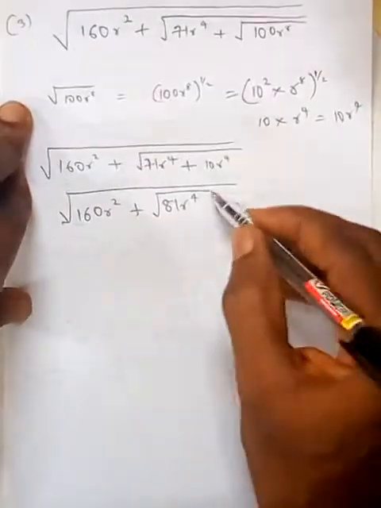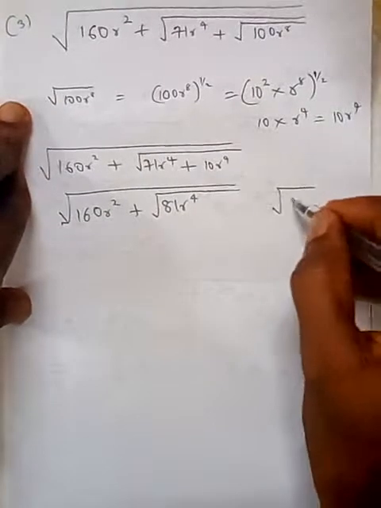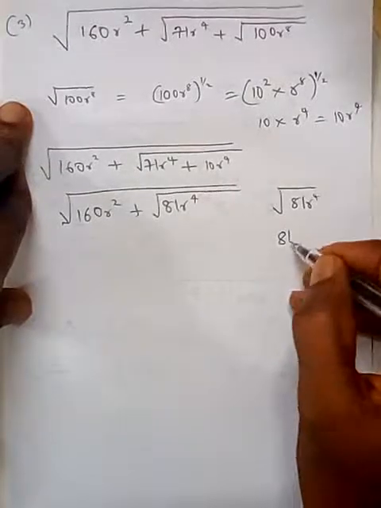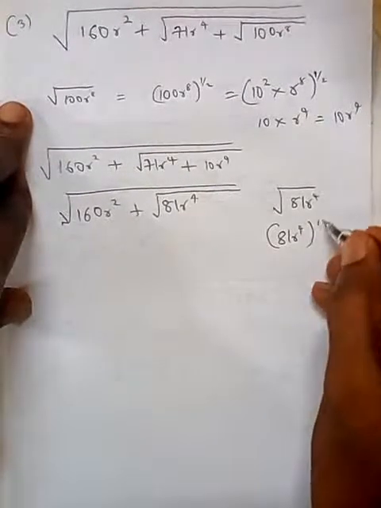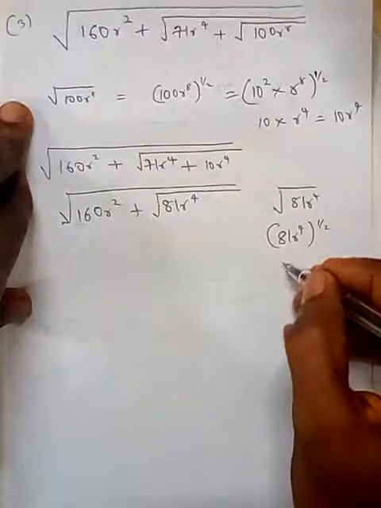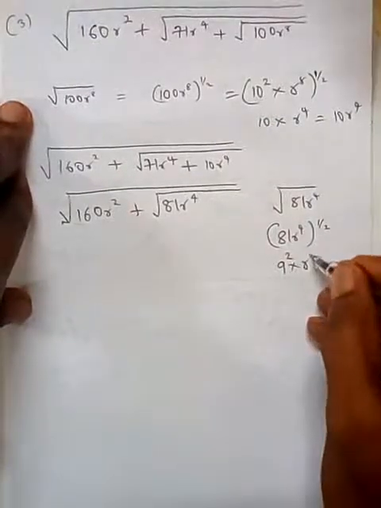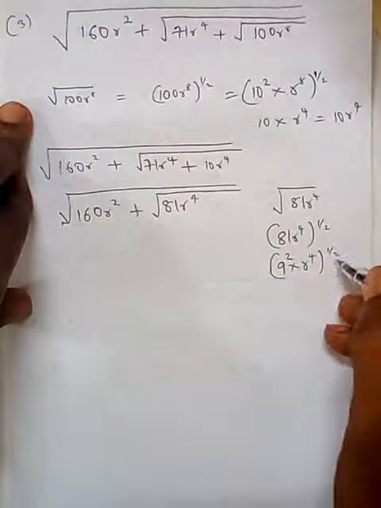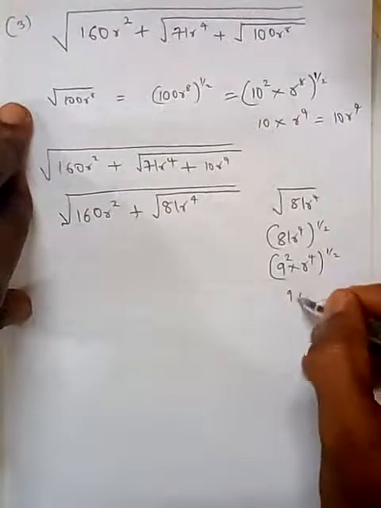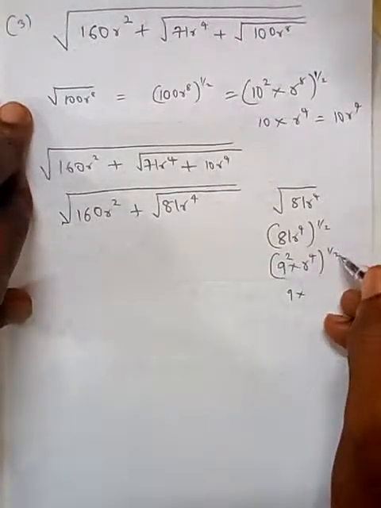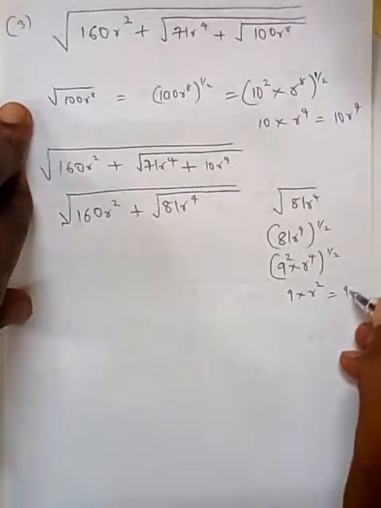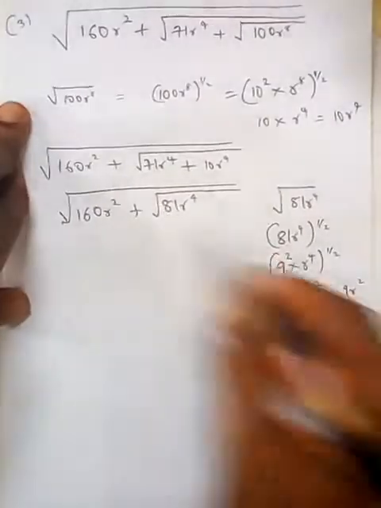So we have to simplify the square root now. Square root of 81 r raised to the power 4 is 81 r raised to the power 4, raised to the power 1 over 2. 81 is 9 raised to the power 2, times r raised to the power 4, raised to the power 1 over 2. 1 over 2 times 2 gives you 9, and 4 times 1 over 2 gives you 2, so r squared. So this is 9 r squared. So this expression is 9 r squared.